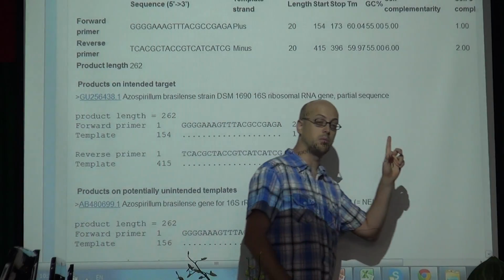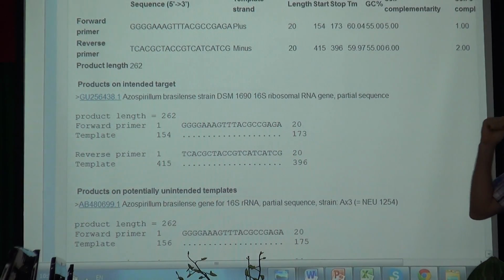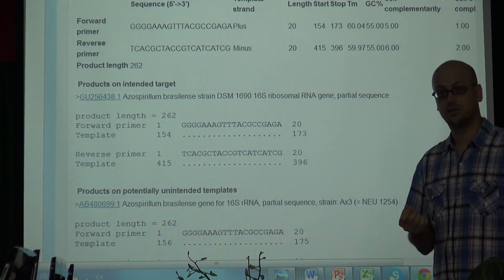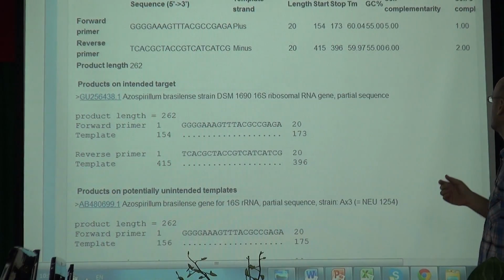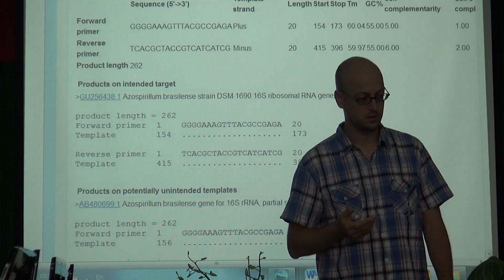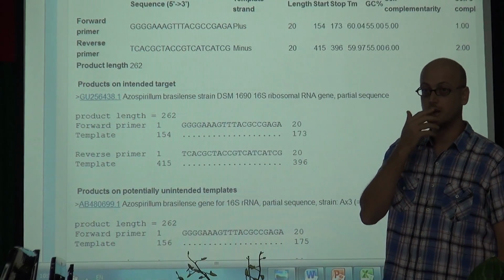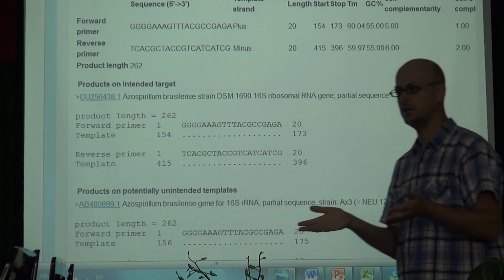Also, if you remember, in the last lecture, in the lecture before, we said that the temperature of, what's it called? The melting temperature, annealing temperature, should be between 50 and 60. Remember?